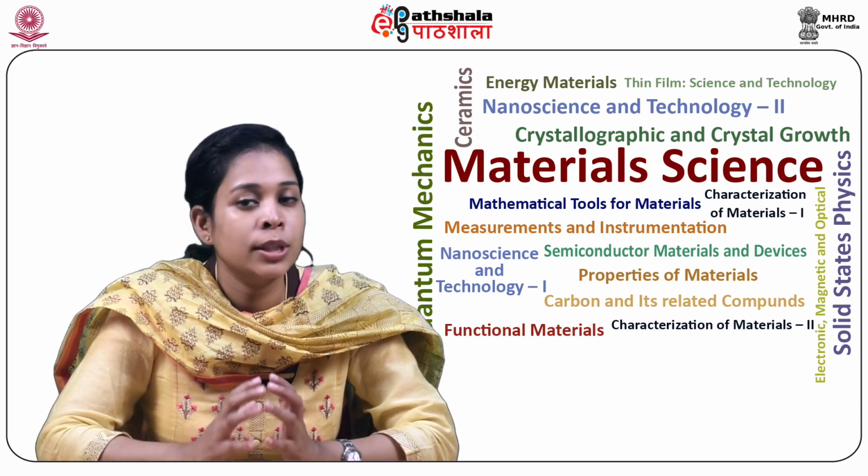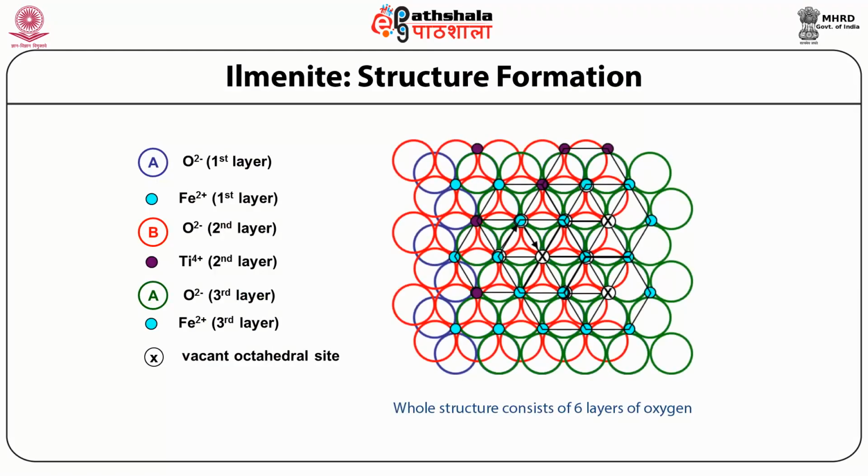Now, let us see the structure formation for ilmenite structures. As we have discussed in the previous slide, the stoichiometry of ilmenite compounds is of the ABO3 type. So, there are 3 types of atoms present in the structure, that is A, B and O.